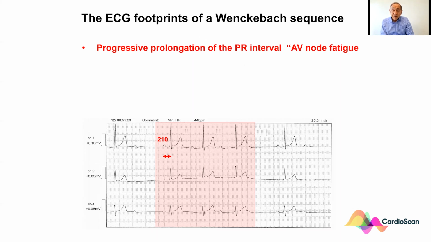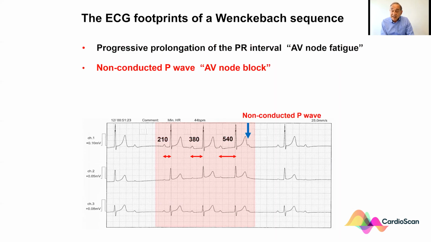The first PR interval is 210 milliseconds, the second 380, and the fourth one 540 milliseconds. There is then a non-conducted P wave, and following this, the AV node rests and conduction returns.